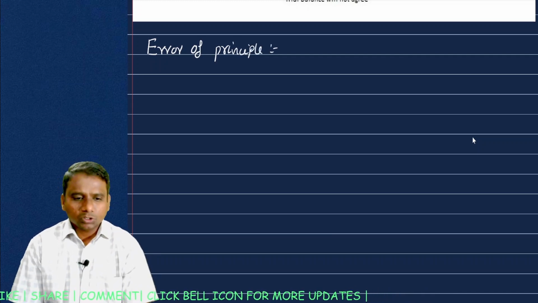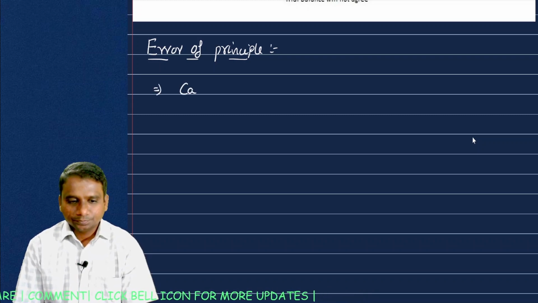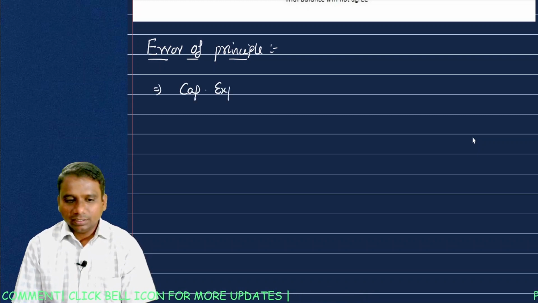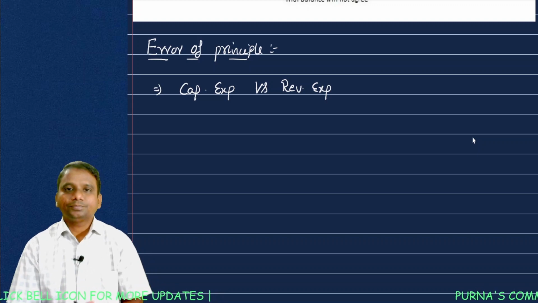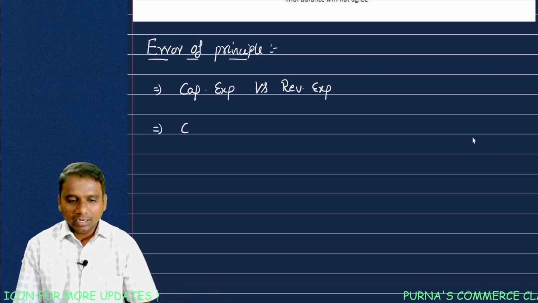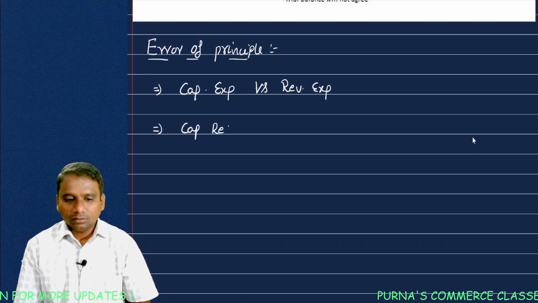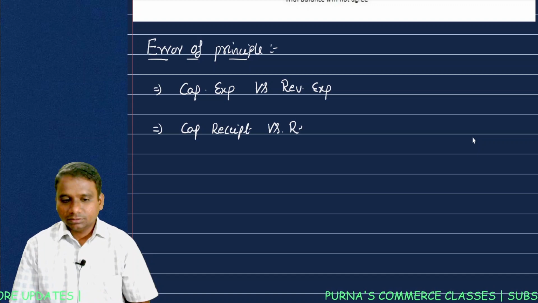We have a concept called capital expenditure versus revenue expenditure, and capital receipt versus revenue receipt.